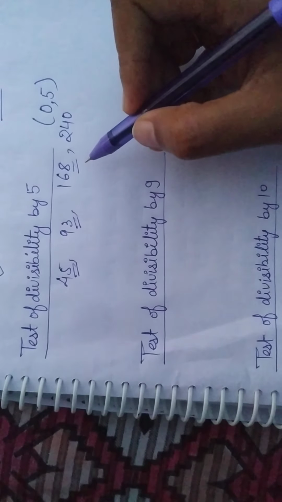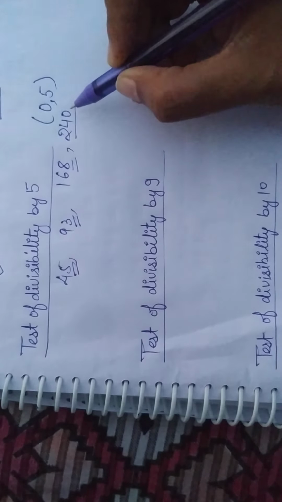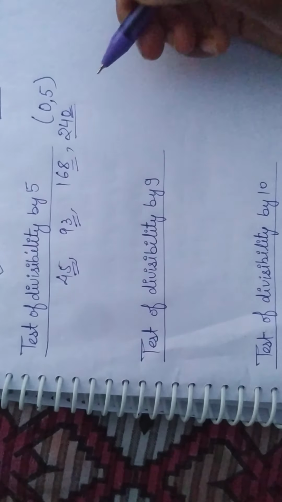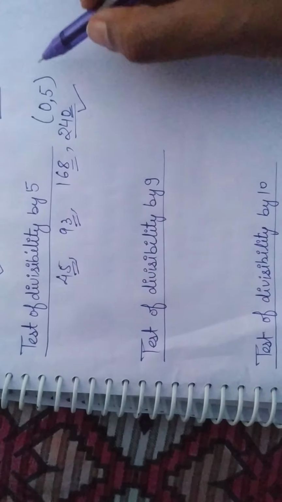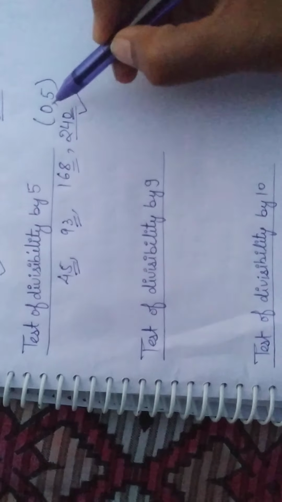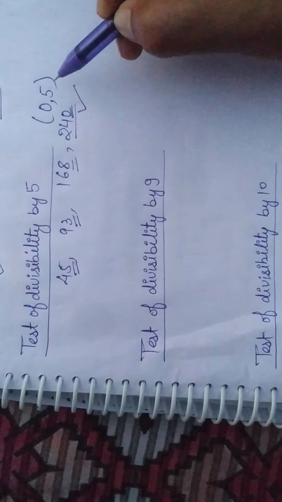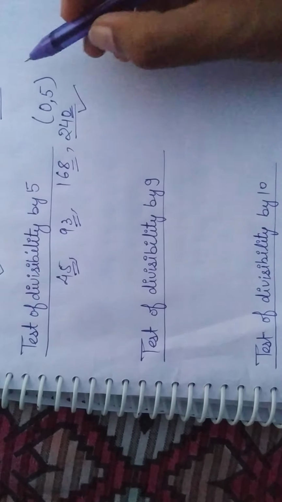So 168 is also not divisible by 5. And in 240 at ones place 0 is there. So you can say this number is divisible by 5. So for checking the concept of 5, we are simply checking whether your ones place number is 0 or 5 or not. If the number is 0 or 5, then you can say it is divisible by 5.